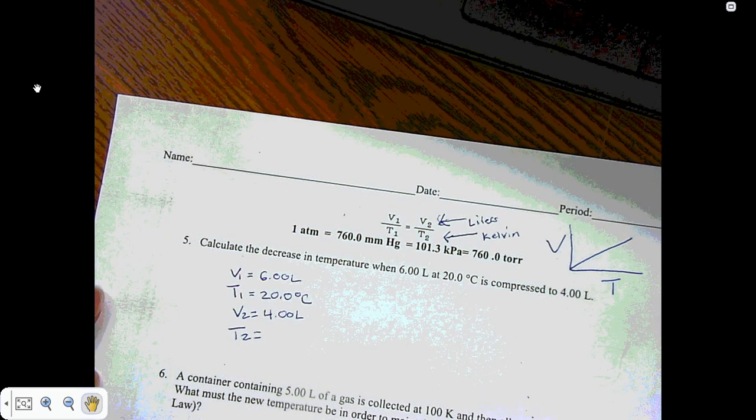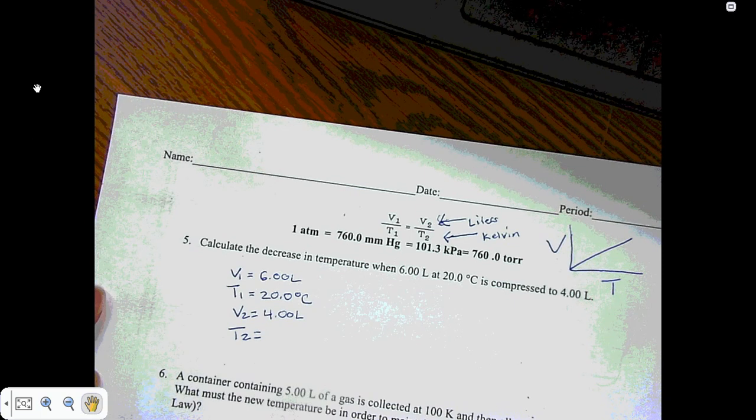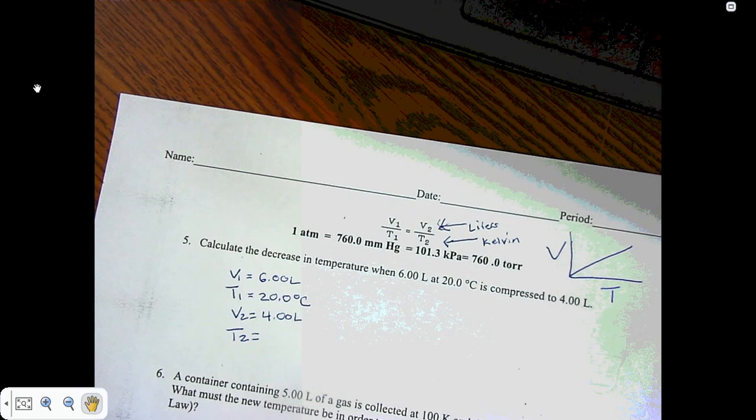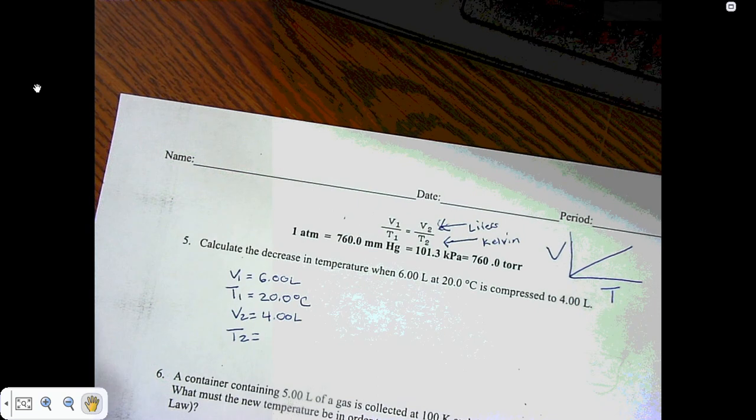Now, if you notice, T2 is located in the denominator position, and we are going to have to solve for that. However, what I tend to recommend is to position the variables such that all of those variables are located in the numerator position as opposed to some of them being located in the denominator position.